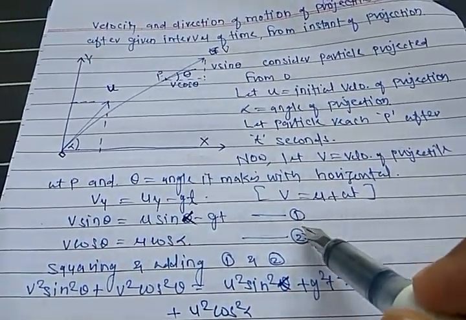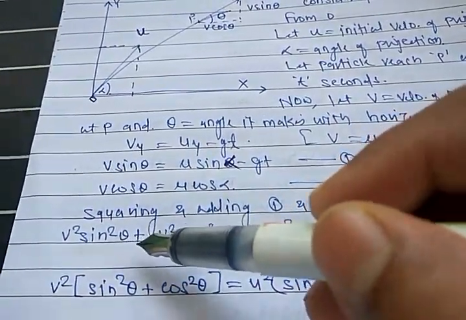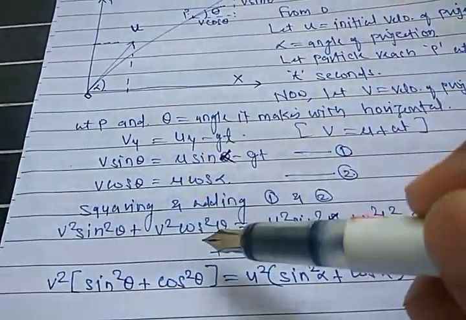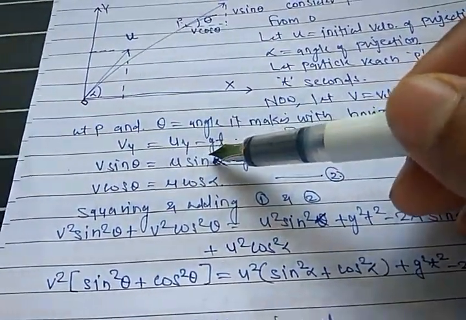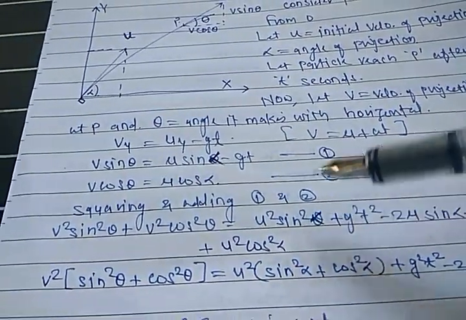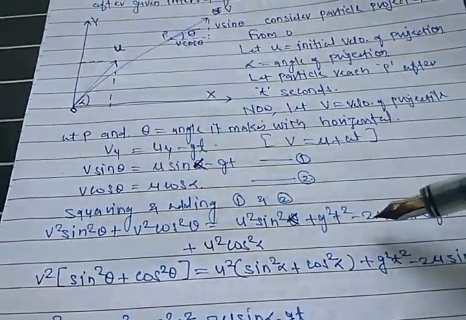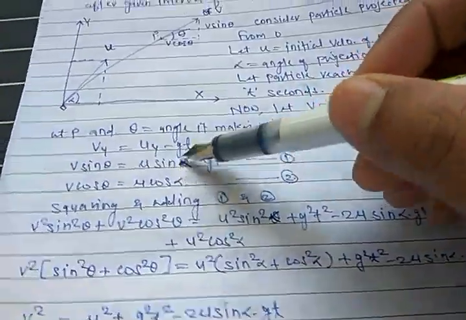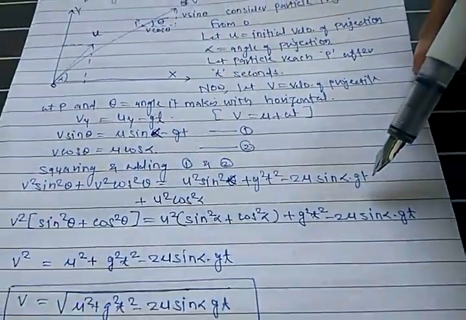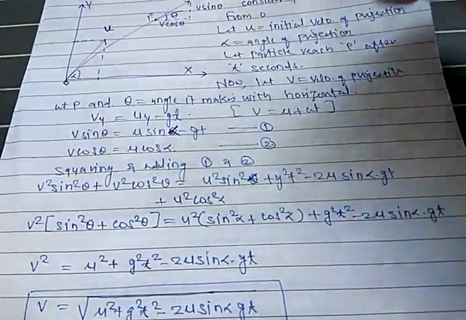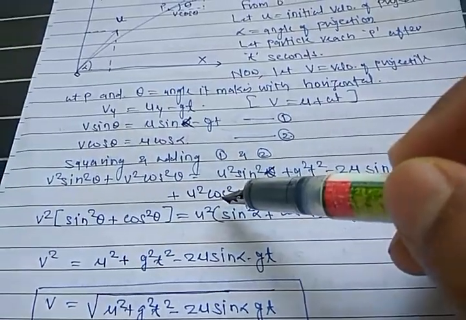Now squaring and adding 1 and 2, what will happen? So v square sine square theta plus v square cos square theta, as it is, equals u square sine square alpha plus g square t square minus 2 into u sine alpha into g into t, and u square cos square alpha as it is.